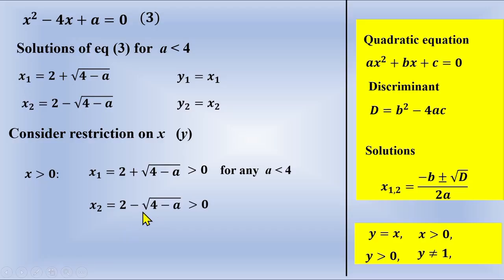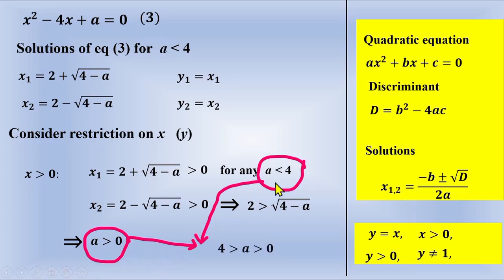We move the root to the right, and it is clear that here a is greater than 0. In this case, this square root is smaller than 2. We combine these two inequalities and get this answer.